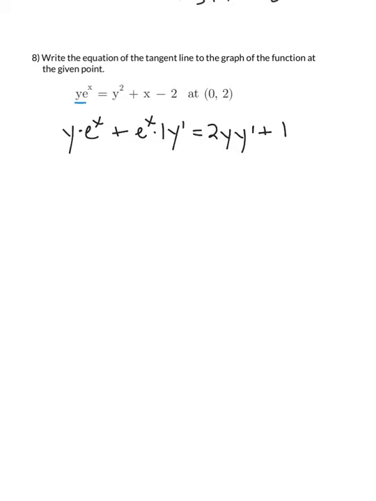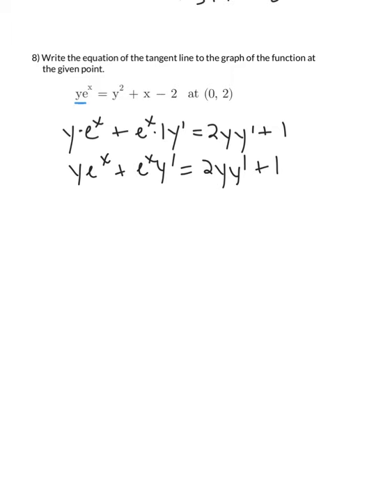So now we have y e to the x plus e to the x y prime equals 2y y prime plus 1. You don't have to do that rewrite. If you can see everything well enough in the way you wrote it originally, that is absolutely fine.